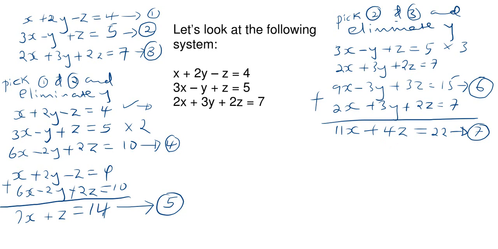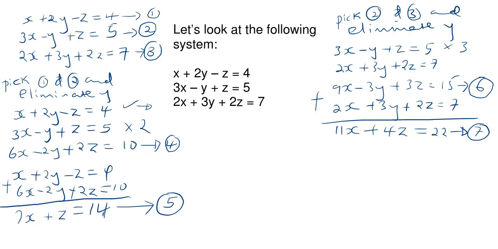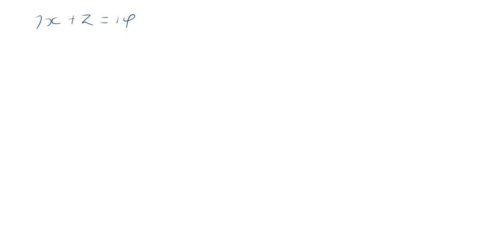So we have our equation 5, which is 7x plus z is equals to 14, and our equation 7 is 11x plus 4z is equals to 22.